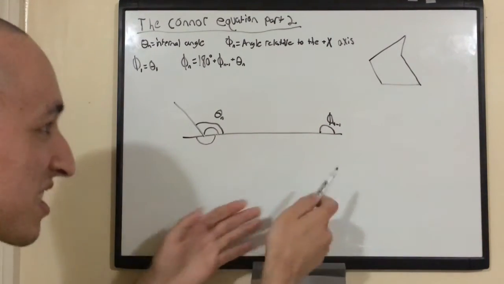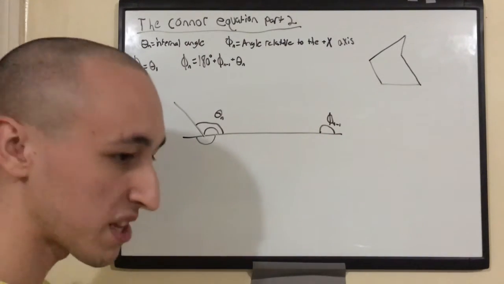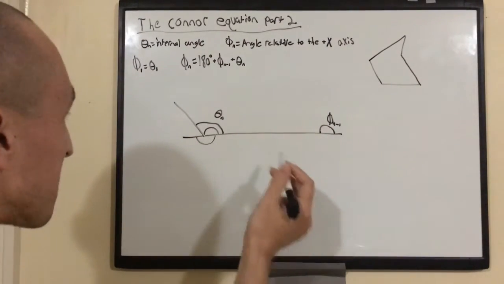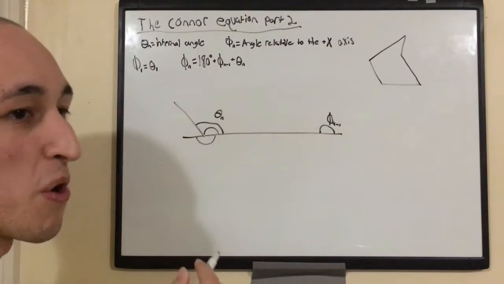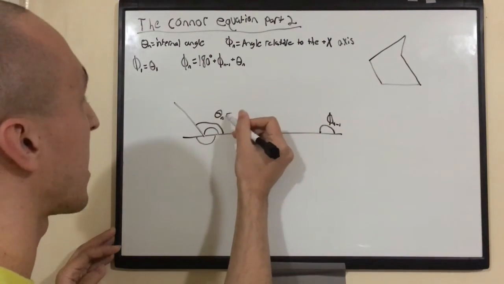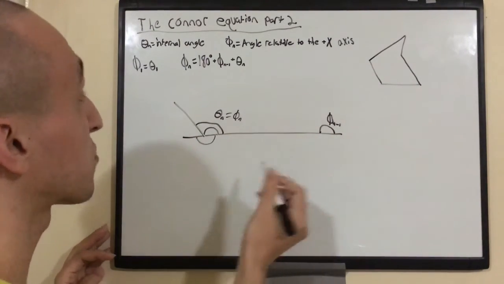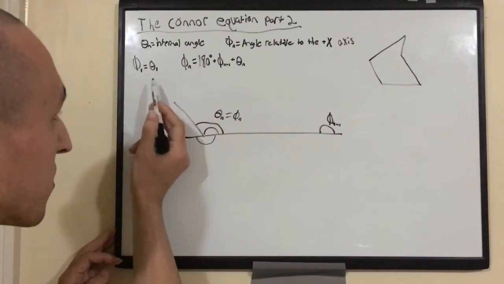Yes, in this configuration, if you actually see this when you're using the equation, theta n will always be phi n. That's why phi 1 is always equal to theta 1.